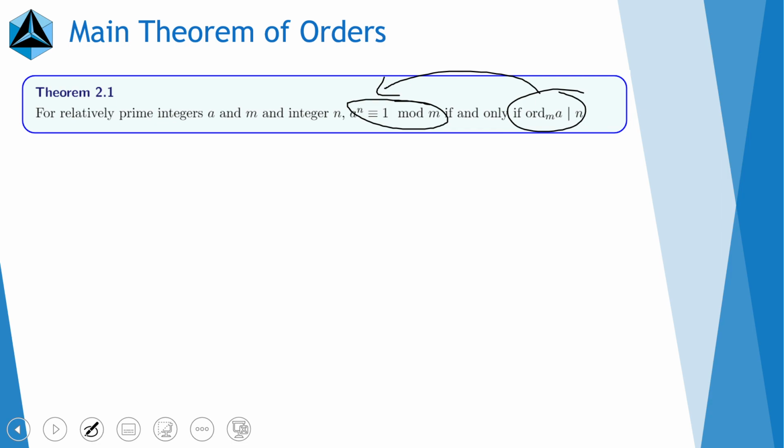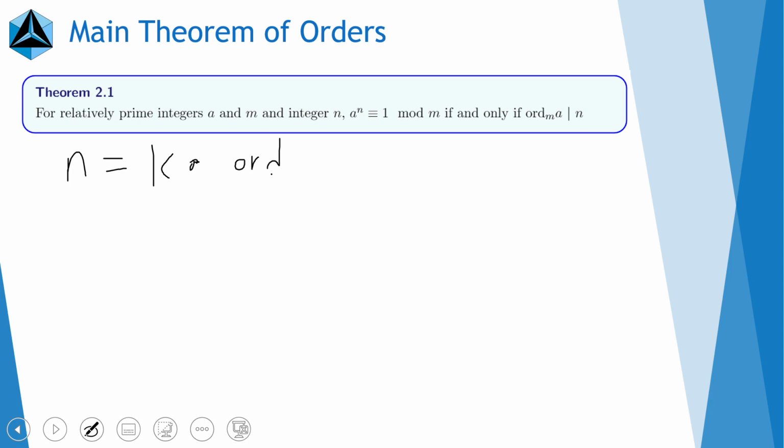By this condition, we can let n equal k times the order of a mod m for some positive integer k.